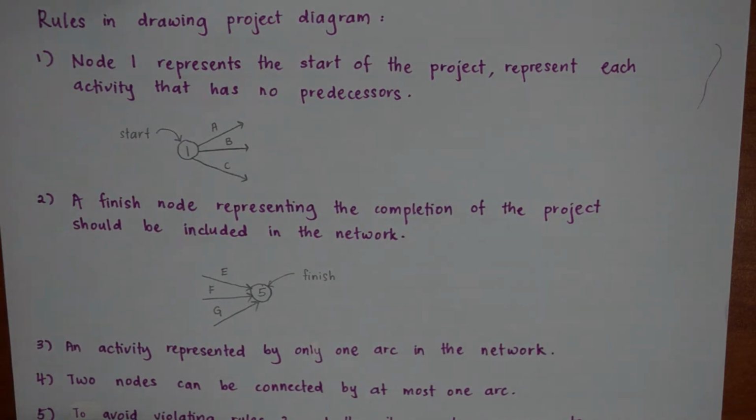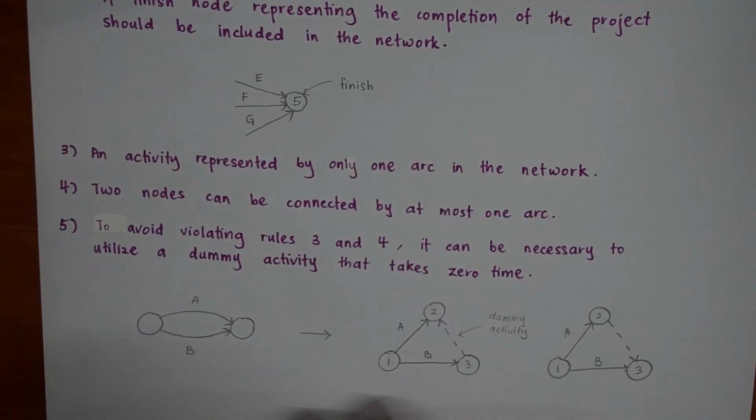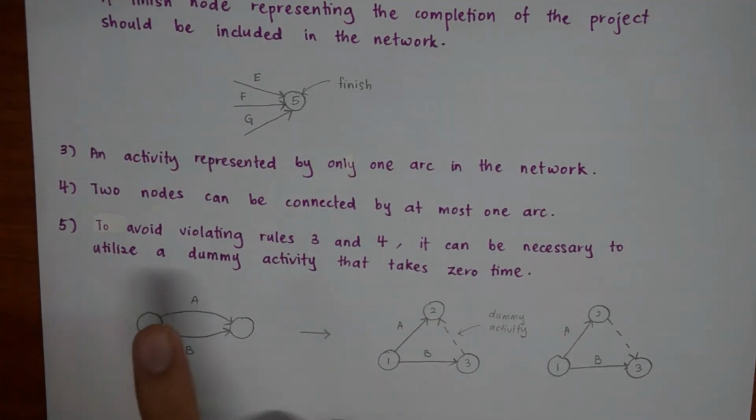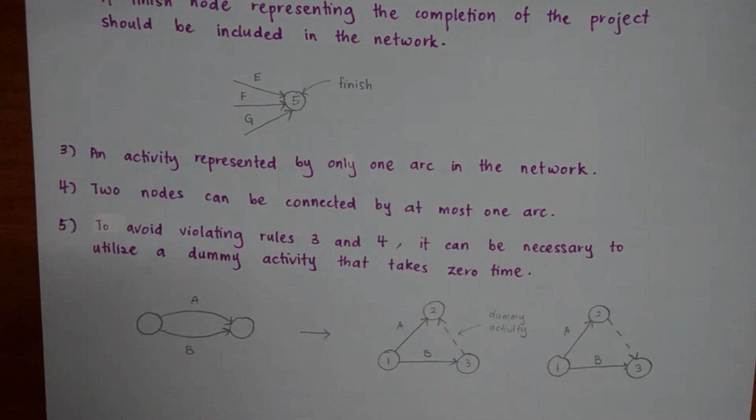The third rule is an activity can only be represented by only one arc in the network. Therefore, there can only be a single arrow which represents the activity between two nodes. The fourth rule, two nodes can only be connected by at most one arc, which is the same as mentioned before.